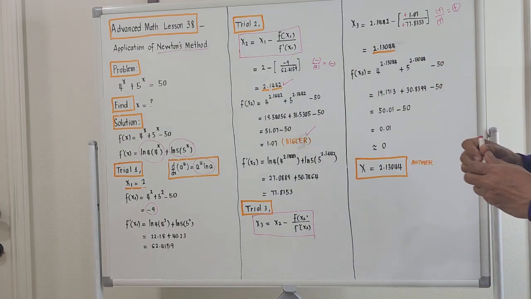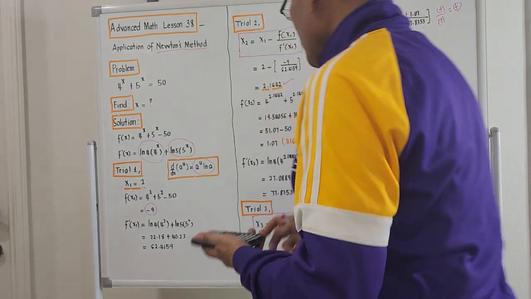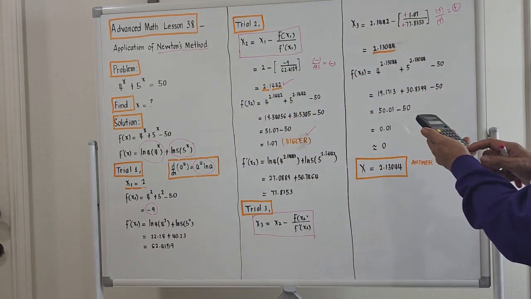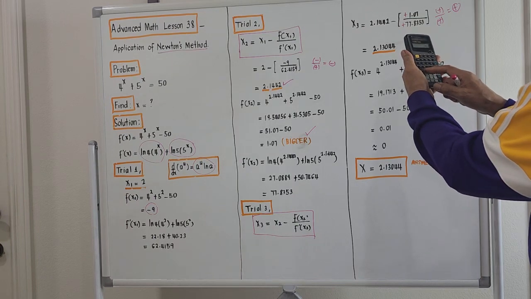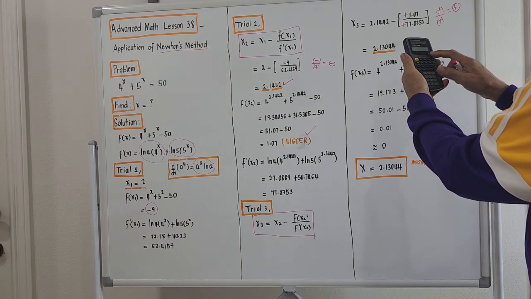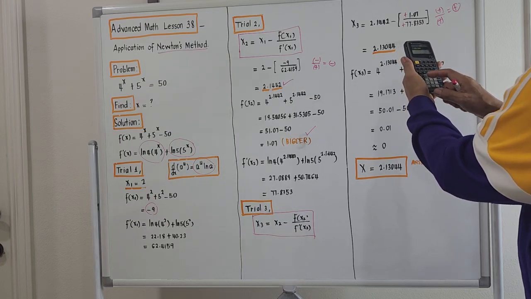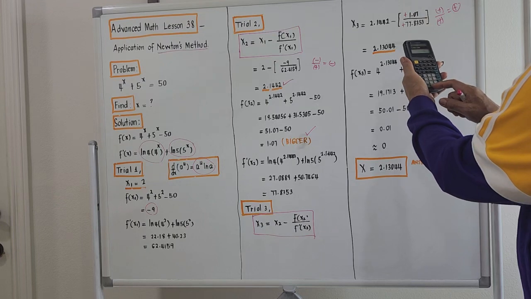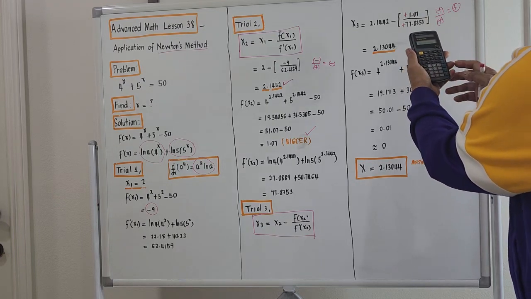And if we try to take the ratio, 1.07 divided by 77.8353 equals.